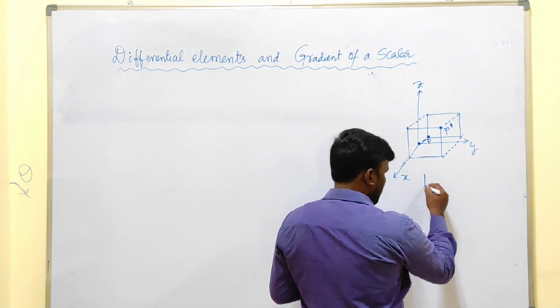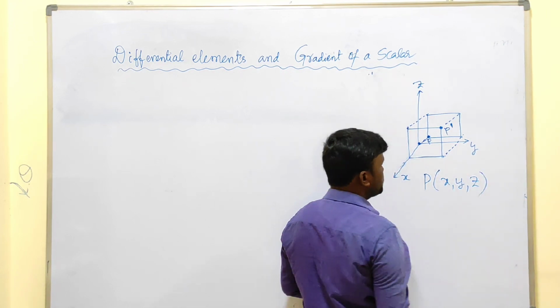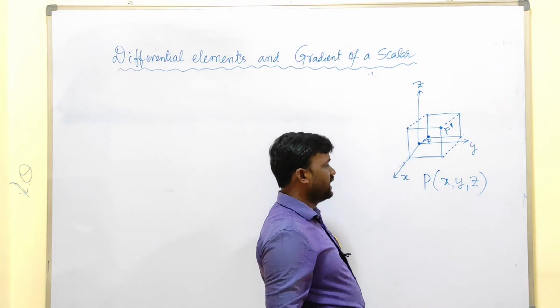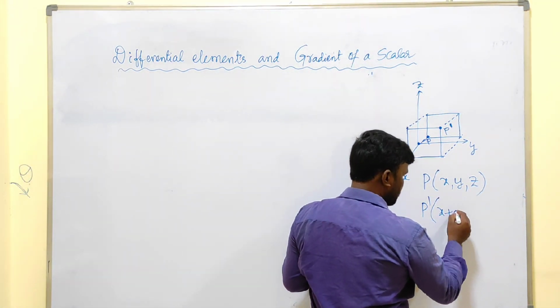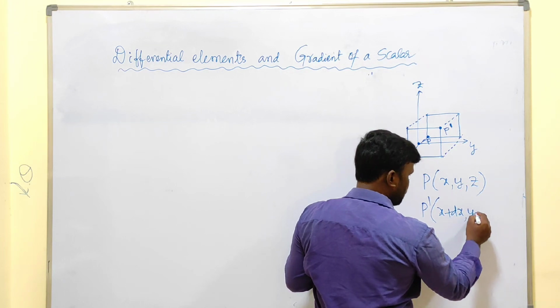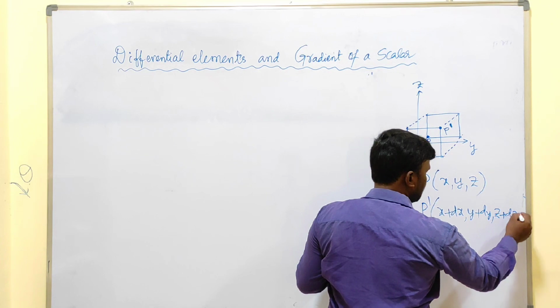Let us consider point P is represented as x, y, z, and assume that the distance between point P and P dash is very small. In that case, P dash is represented as x plus dx, y plus dy, z plus dz.